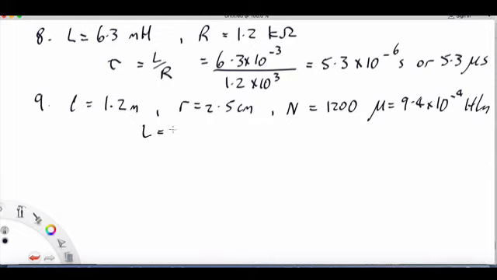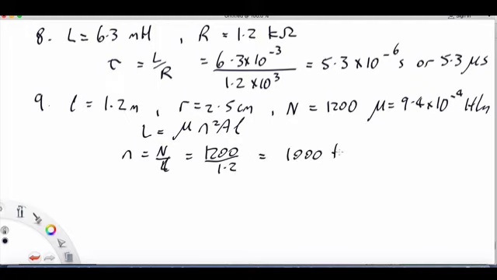So, starting with our equation, we know that inductance is mu here because it's not mu naught, N squared A times l. So the things we have to work out. Let's work out N, which is total number of turns over the length, 1200 over 1.2. That is 1000 turns per meter.